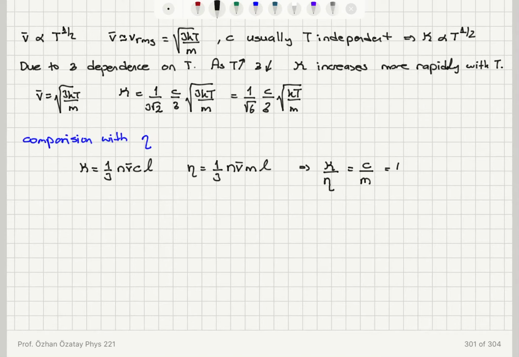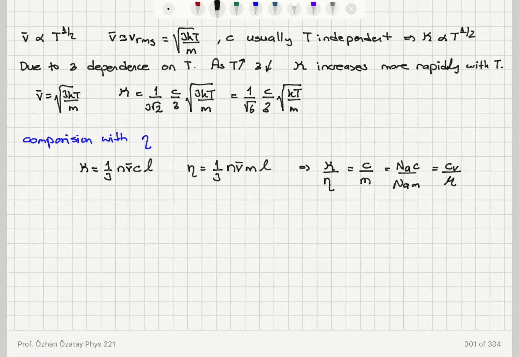If I multiply this by Avogadro's number, then I would have the heat capacity of 1 mole of molecules, which is the molar specific heat, and then N_A times m is the molecular mass, the mass of 1 mole. So it is Cv over M. So kappa and the viscosity are related.